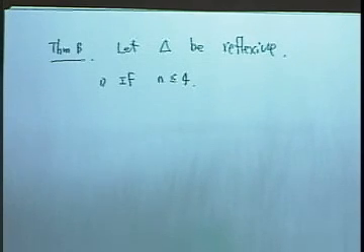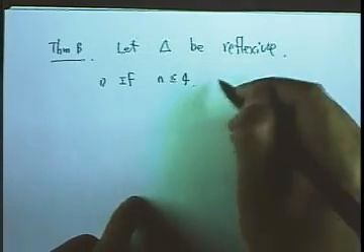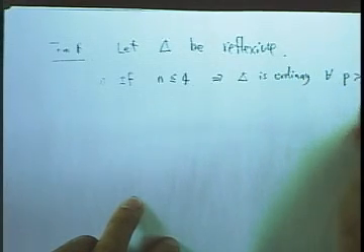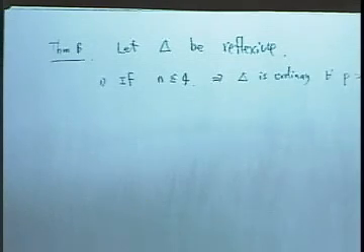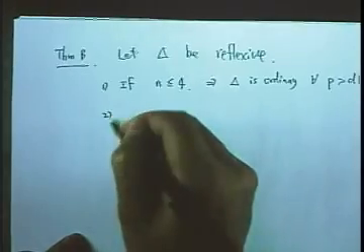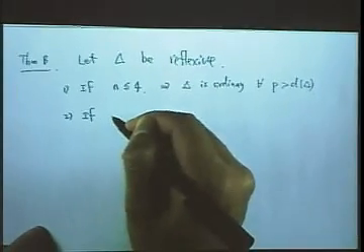So if n is less or equal to 4, and it's reflexive, then delta is ordinary for all p. That means the congruence class is the order prime. And that's the first part.